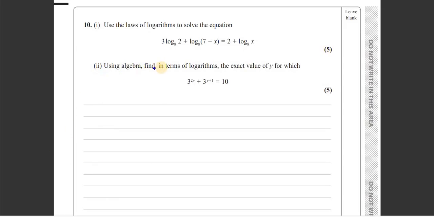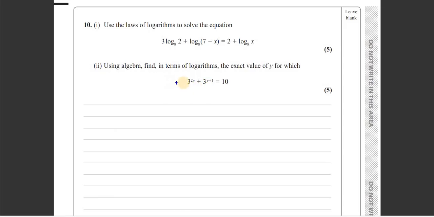Part 2: using algebra, find in terms of logarithm the exact value of y for which 3 to the power 2y plus 3 to the power y plus 1 is equal to 10. Generally this is again an exponential form, so what do we do? We try to convert this exponential form into a quadratic equation.